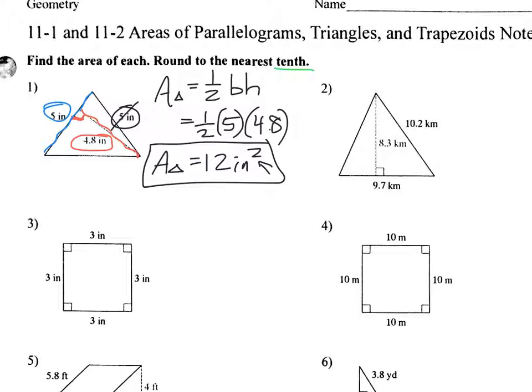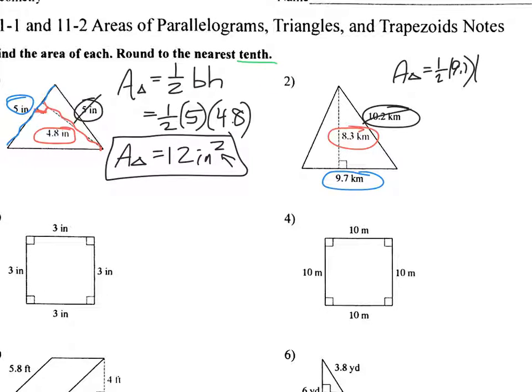All right, what about this next one? Okay, what's important? There's our base. There's our height. Not necessary. Okay, so again, we just plug it in. So area of the triangle is 1/2 base is 9.7 times height, which is 8.3.